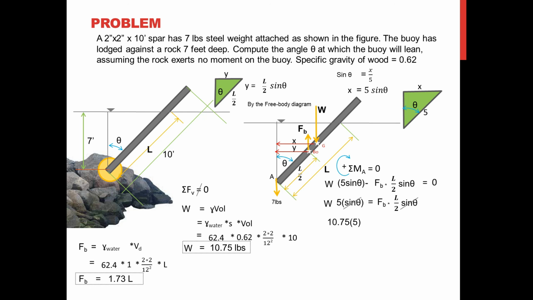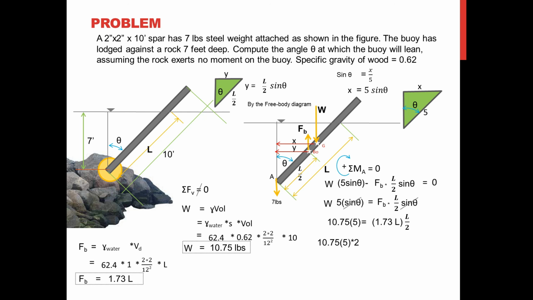We substitute the value of W, which is 10.75 times 5. That will be equal to, we also substitute the value of the obtained buoyant force in terms of L, 1.73 L, times the remaining term on the right portion of the equation.